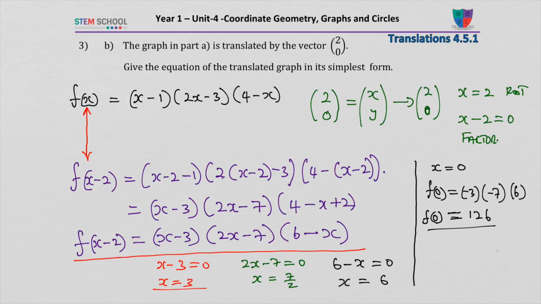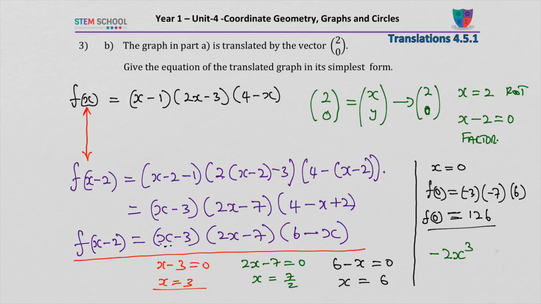So the points we need are 3, 3.5, and 6. And the graph itself is negative, because if I multiply x times 2x, that would be 2x squared. 2x squared times minus x would be minus 2x cubed.